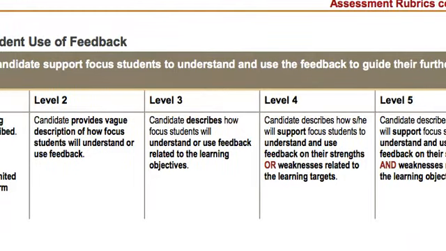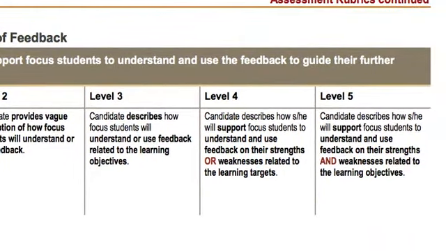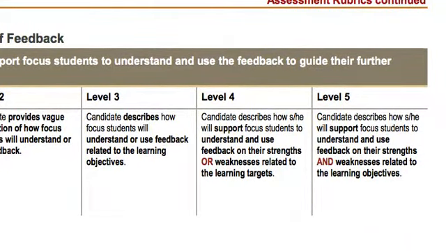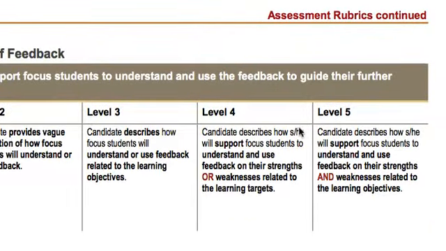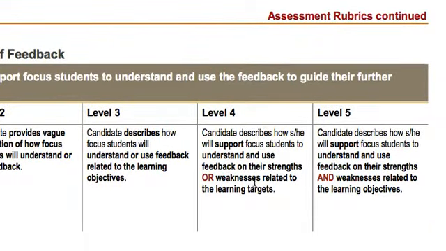A 4 is candidate describes how she will support focus students to understand and use feedback on their strengths or weaknesses related to the learning targets. Again, when we look at 5, feedback for one or more students provides a strategy to address an individual learning need or makes connections. That's kind of the same thing as what you're doing right here.